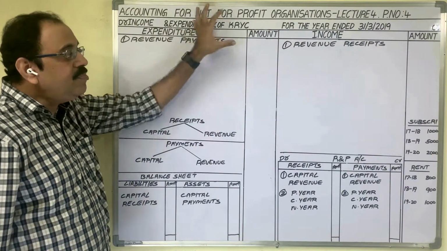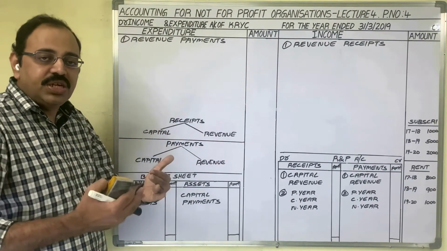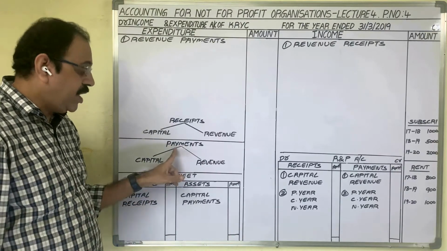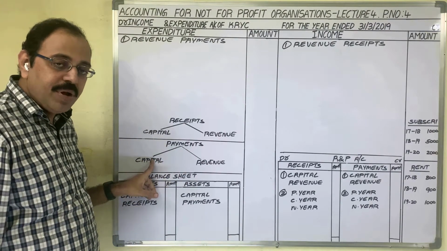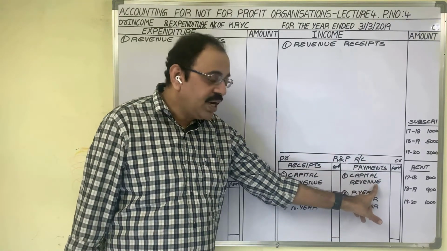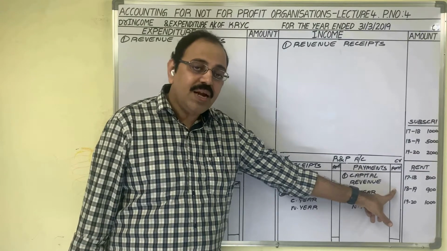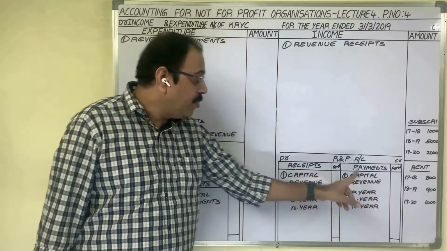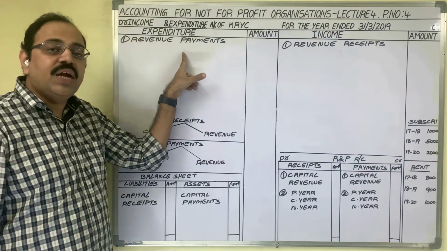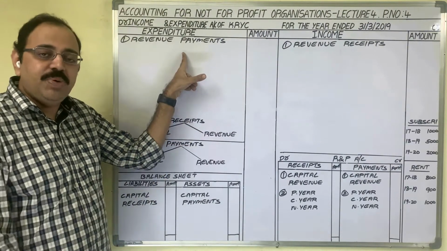Suppose a firm purchased one furniture. Furniture purchased is also one payment, but it is a capital payment. So in the receipts and payments account, on the payment side, we write buy furniture amount. Second, don't show that amount on the expenditure side of the income and expenditure account because it is capital expenditure.